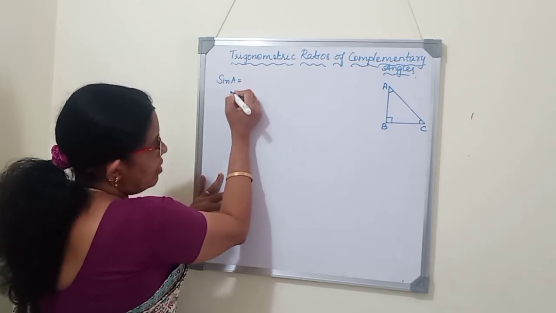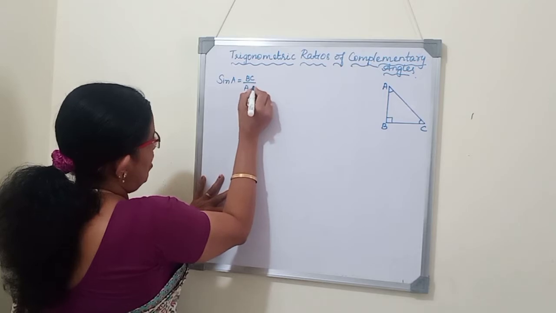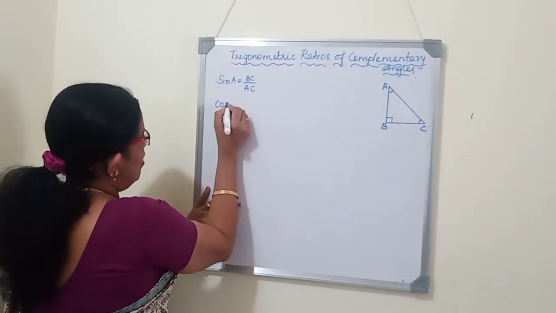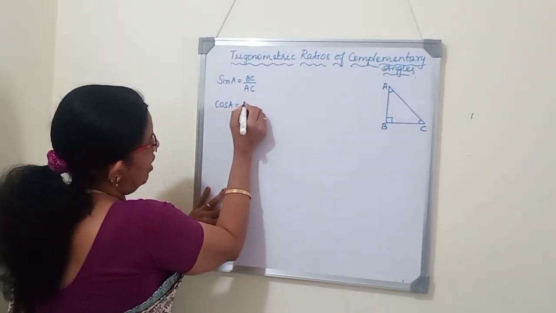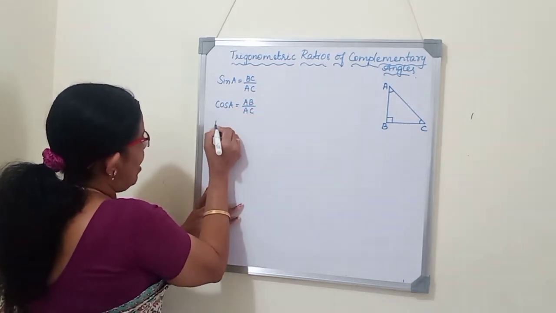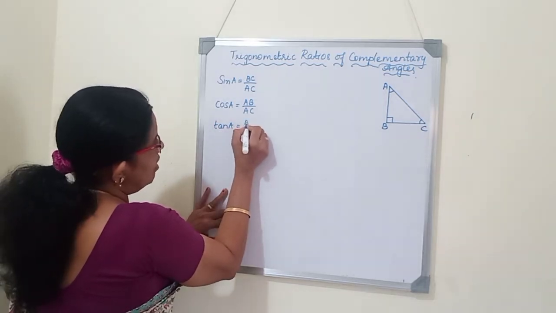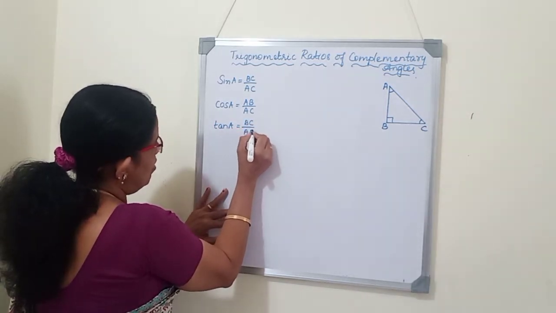Sin A is opposite side by hypotenuse, that is BC by AC. Cos A is adjacent side by hypotenuse, AB by AC. Tan A is opposite side by adjacent side, so BC by AB.